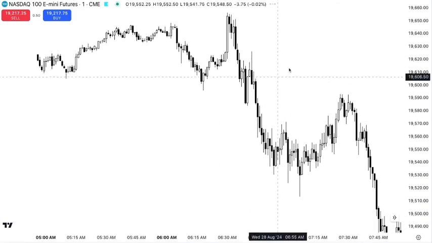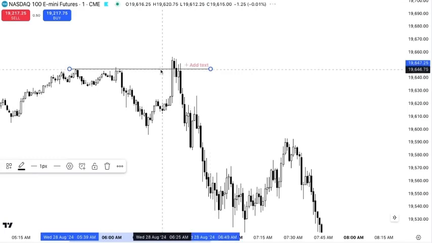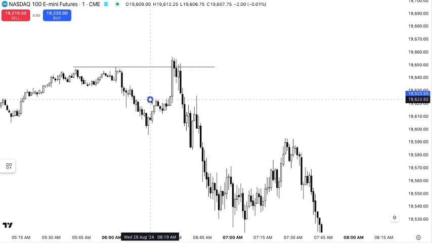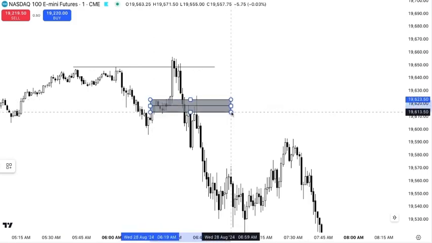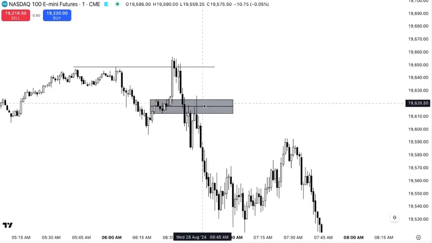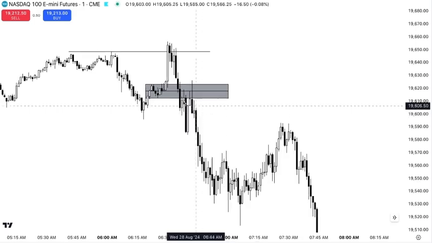Because right here, as you can see, we had price sweep these highs right here. And then we had this down move right here. Which is basically the breaker block right there that you could have entered off of.